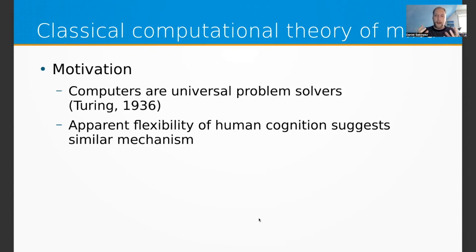Now if we ask ourselves, how does the human mind solve problems so flexibly? Because the human intellect is actually marvelous. We're able to very flexibly solve very diverse kinds of problems. And it is a mystery how that actually works. The classical computational theory of mind has been put forward as a proposal for how this mystery is to be solved. Namely, the human mind is like a Turing machine. And that's how we achieve this flexibility.